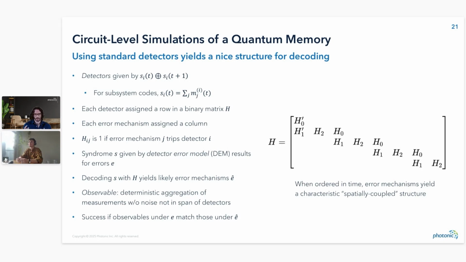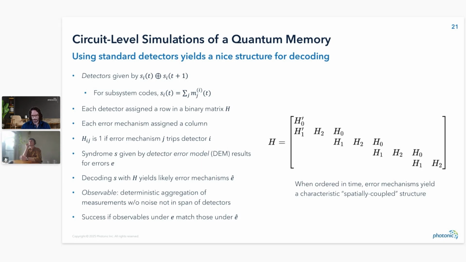And you will know when you have an error if something called an observable, which is some deterministic aggregation of measurements that you've performed that aren't described by your detectors, flips, given that you inferred E hat as opposed to E. So this is how you check whether an error has actually caused you a problem.